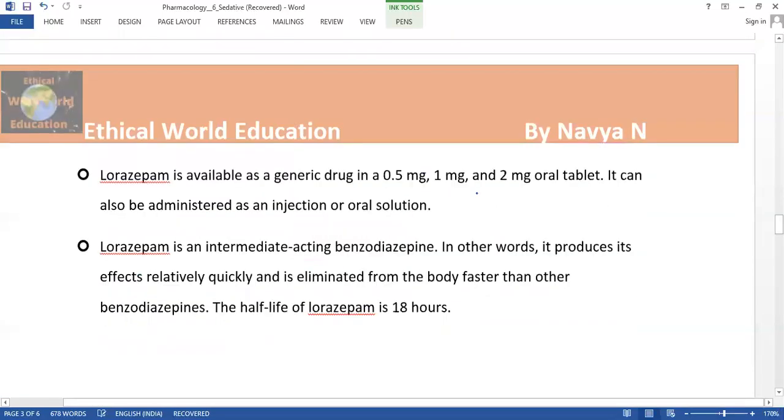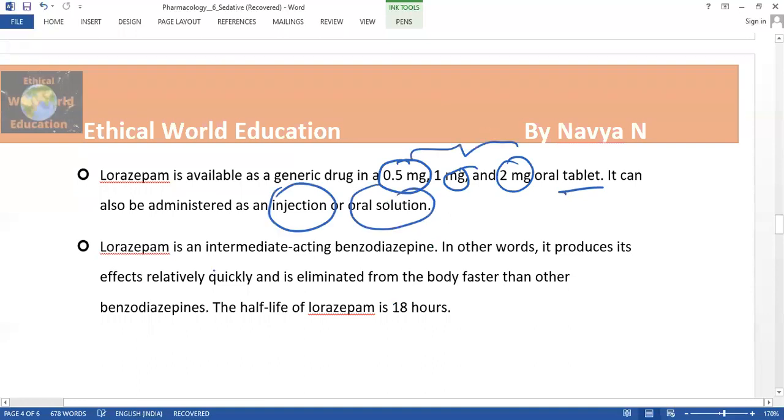And the amount: let us know what amount is taken. That is 0.5 mg, 1 mg and 2 mg oral tablets. It can also be administered as an injection or an oral solution. This is an intermediate acting benzodiazepine.